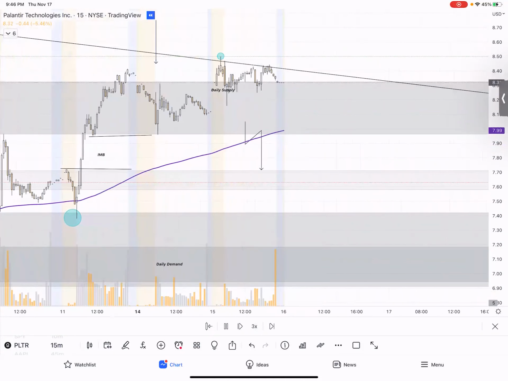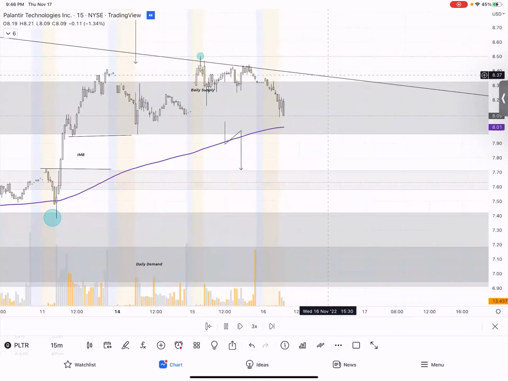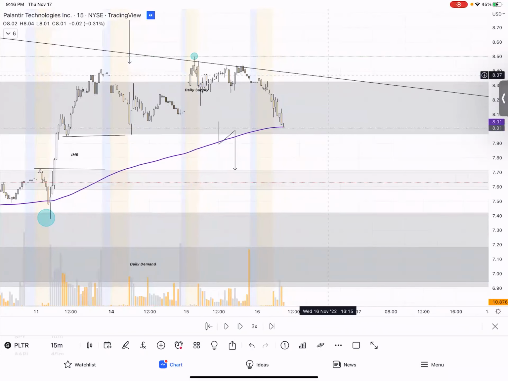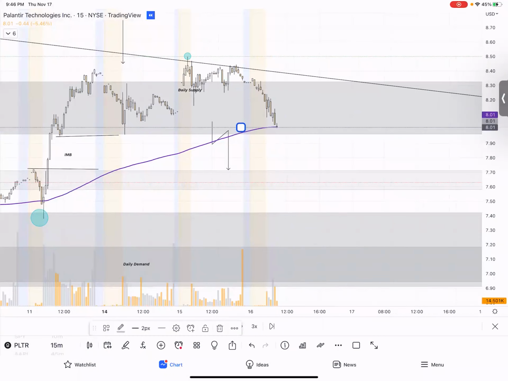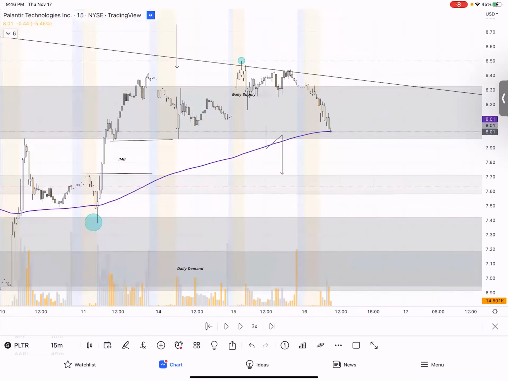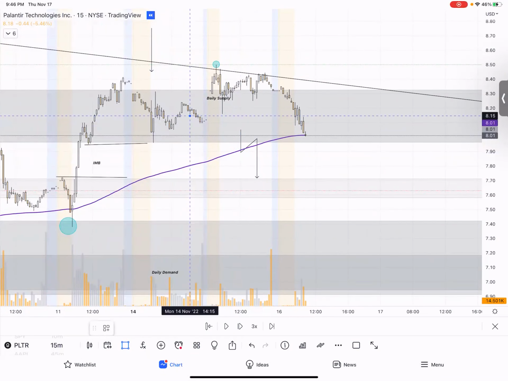So price is currently testing that resistance. I didn't get my alerts until it hit the 200 moving average, which is my purple MA here. So once price tapped into that 200 moving average, I looked to the left and I said, okay, where is the most recent 15-minute demand zone?